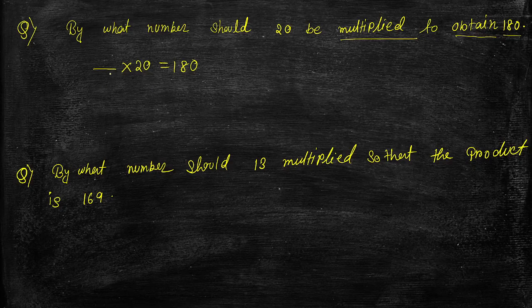So whatever the number is, if 20 comes this side, it will divide it. So 180 will be divided by 20 and you will get the answer, right? Like 180 divided by 20, 9 is the answer.